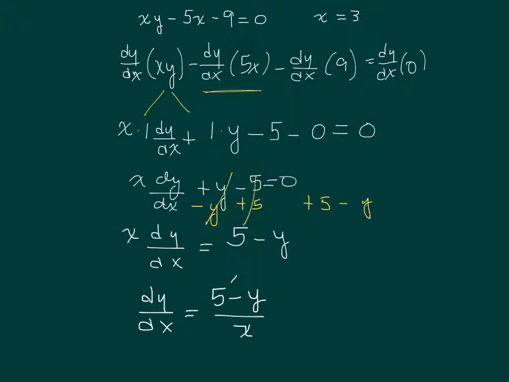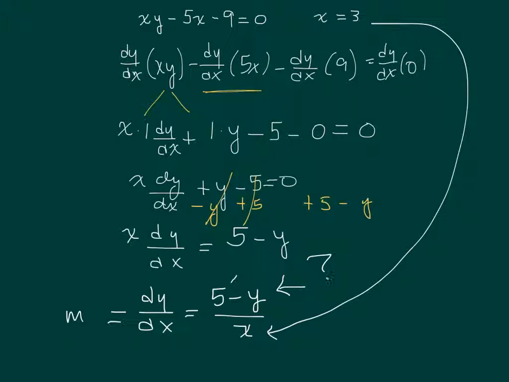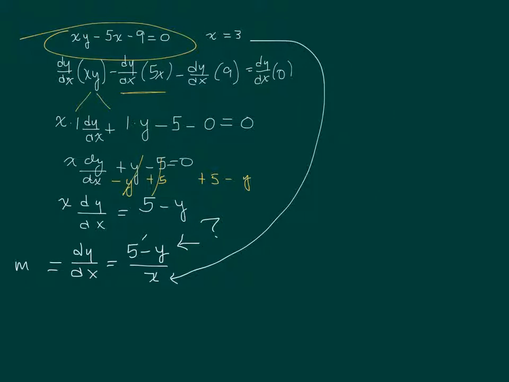All right, now remember what dy/dx is. This is our slope. They've given me x equals 3, but I don't know what y equals. However, I have this equation. So over here on the side, I can say x is 3: 3y minus 5 times 3 minus 9 equals 0.